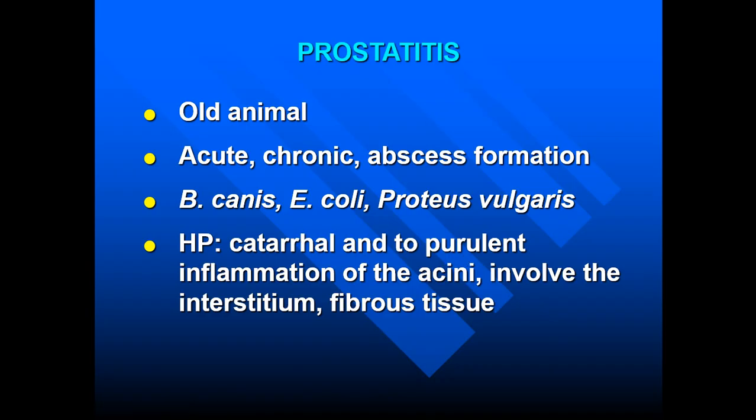In cases of Brucella canis, usually we can find catarrhal or fibrinous inflammation. Prostatitis can also be chronic, and in the chronic stage we can find a lot of fibrous tissue.